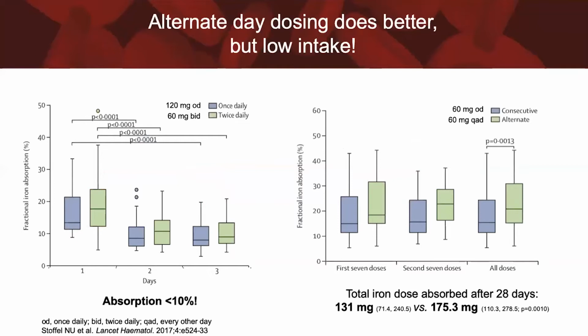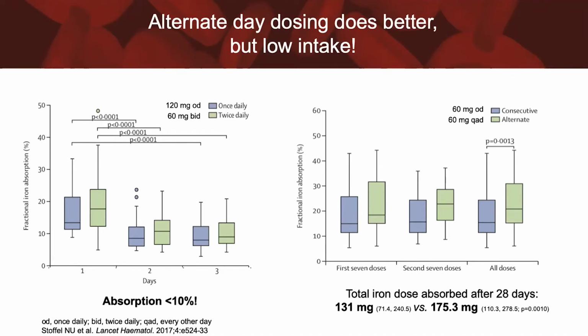You can see here in this study exploring the absorption of iron, that whatever the dose of iron you give, the absorption is always limited to around 10% of the total dose given. Indeed, if you want to give oral iron for around 1 month, giving 60 milligram per day, you only absorb 175 milligram or less than 150 milligram for 1 month.